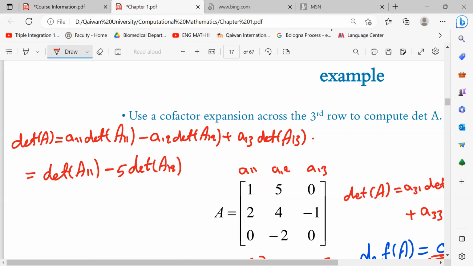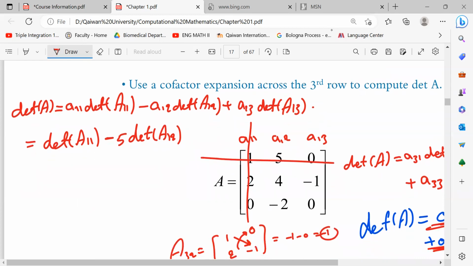Let's find them. A11, we can get it by removing the first row and first column, as it is 1,1. So you remove the first row and first column to get A11. And this A11 is 4, -1, -2, and 0.